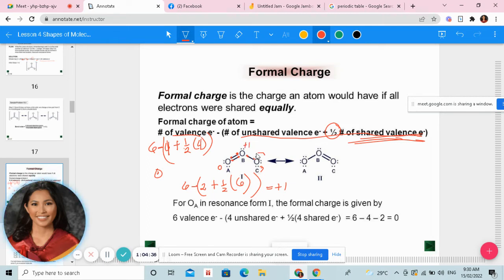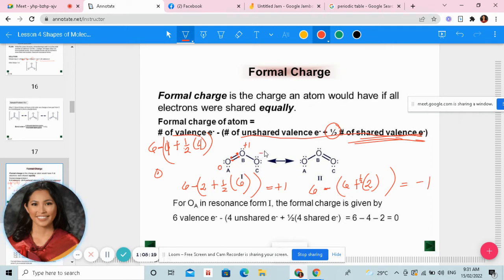Now, what about this third oxygen? Its valence electrons are 6 minus unshared valence electrons, which is 6, plus 1/2 times the shared valence electrons, which is 2. So that is equal to negative 1.